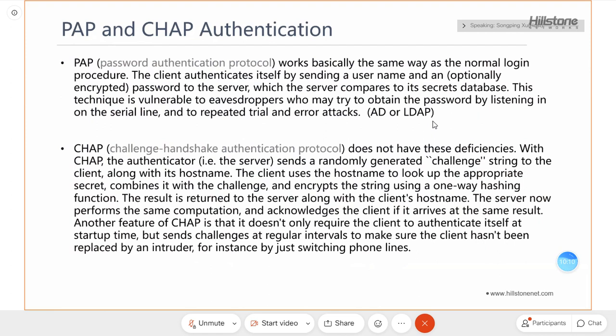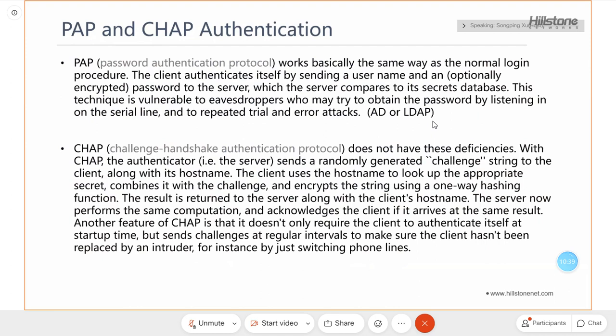If you are using local or other AAA server, you can use CHAP, which is the Challenge Handshake Authentication Protocol. It does not have these weaknesses of PAP. The authenticator, which is the server, will send a randomly generated challenge string to the client side.